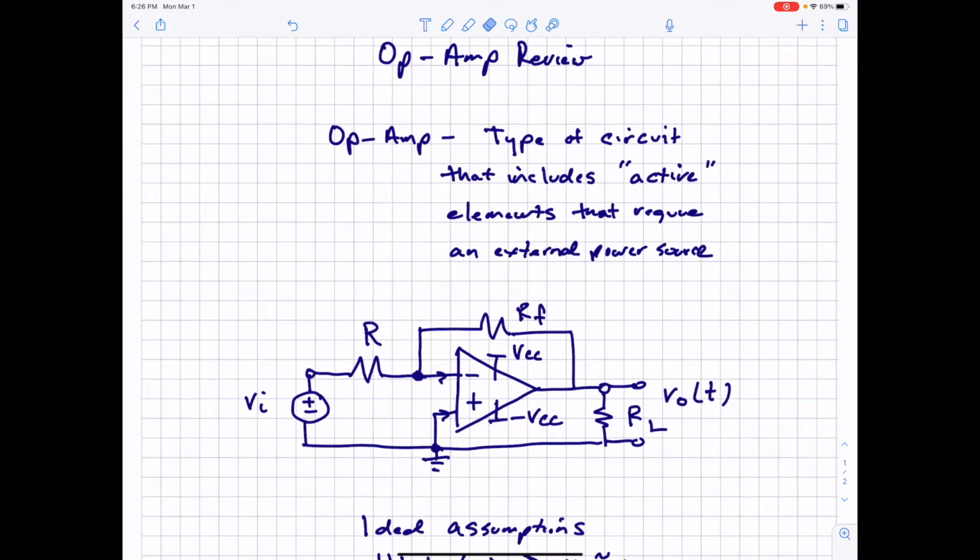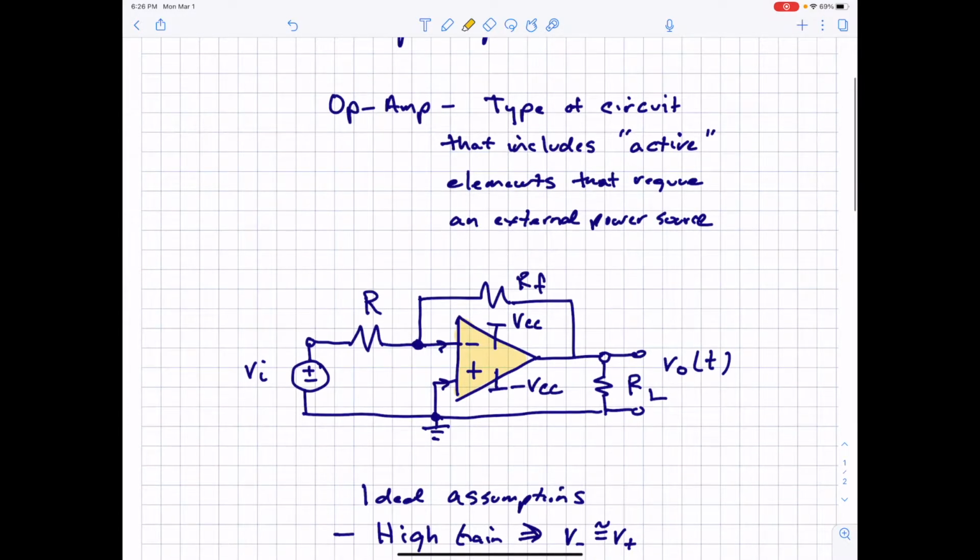One of the things I need you to know is that in the past few examples that we've done, we called those passive circuits because they just had R's and L's and C's, and the elements themselves in the circuits, besides the power sources that were included, did not have any way of generating power. An op amp is different. Inside the little triangle symbol, you can visualize that there's actually another circuit that has quite a bit of sophisticated electronics inside of it, including transistors.